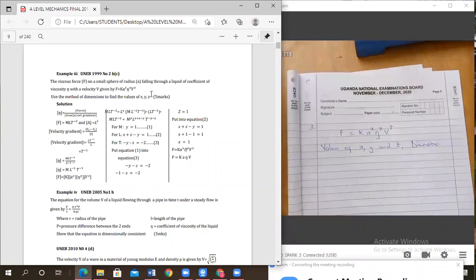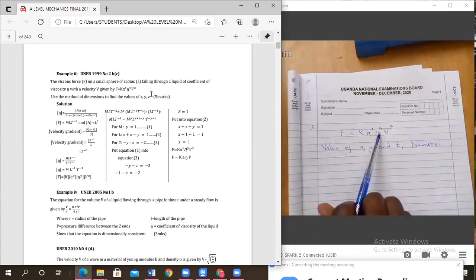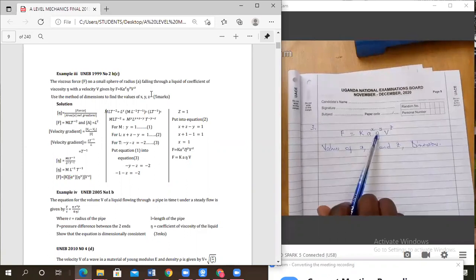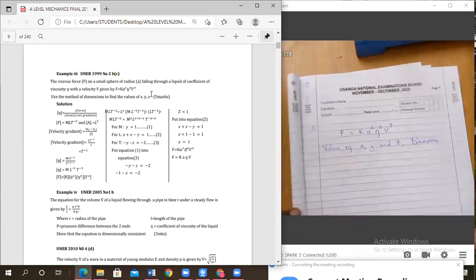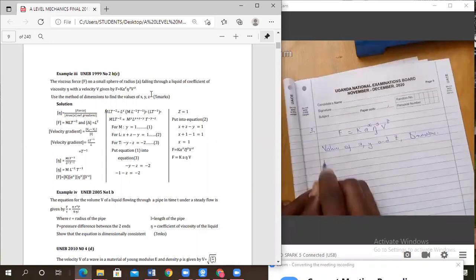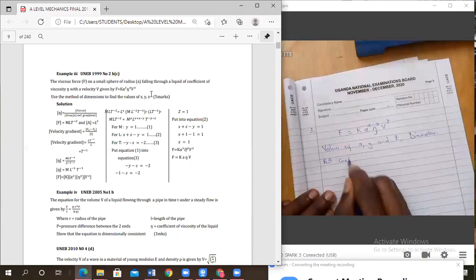Now members, for us to answer this question better, there are some few things we need to put into perspective first. One of them is η, which is the coefficient of viscosity.